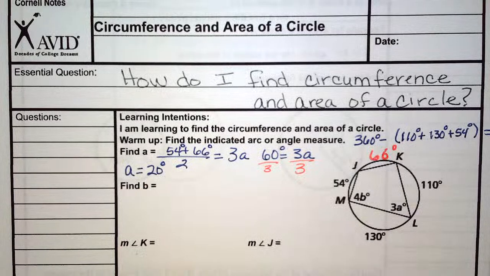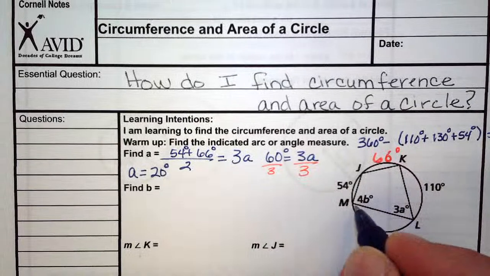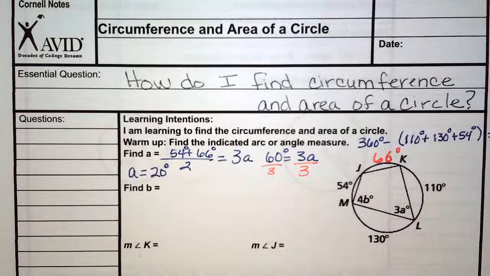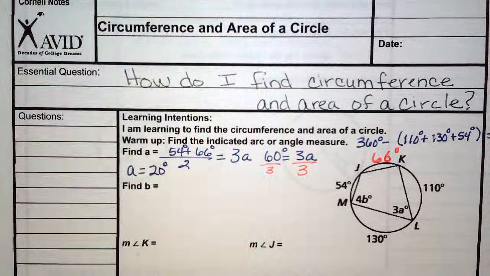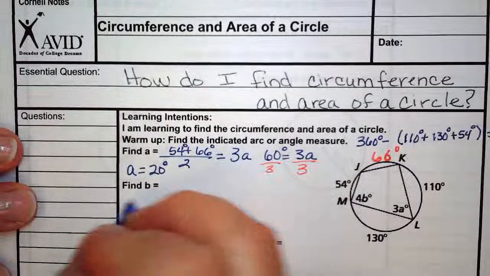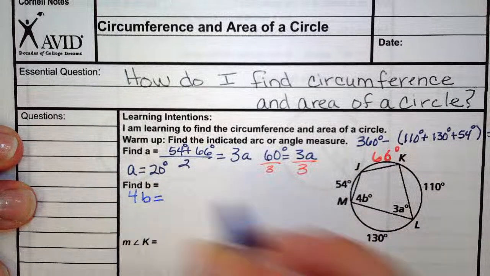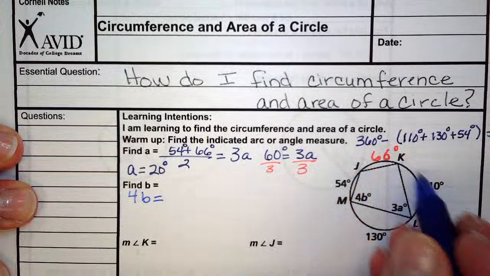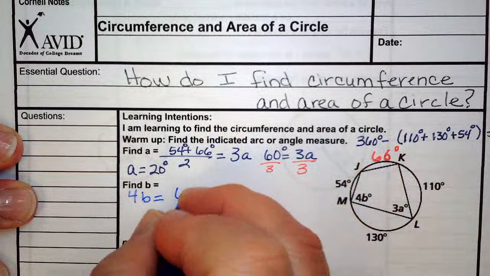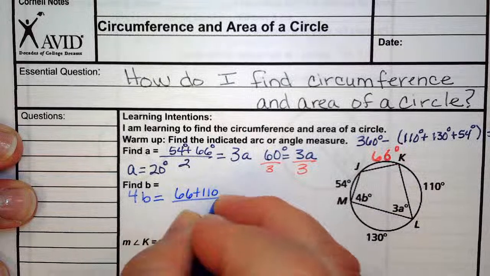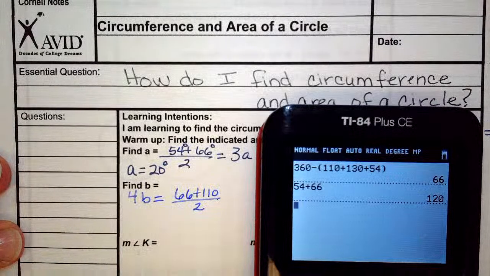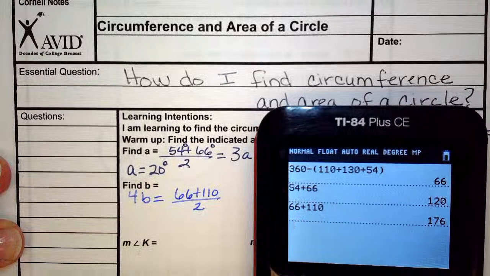Okay, so hopefully you realize that 4B is equal to 66 plus 110 divided by 2. 66 plus 110 gives me 176.